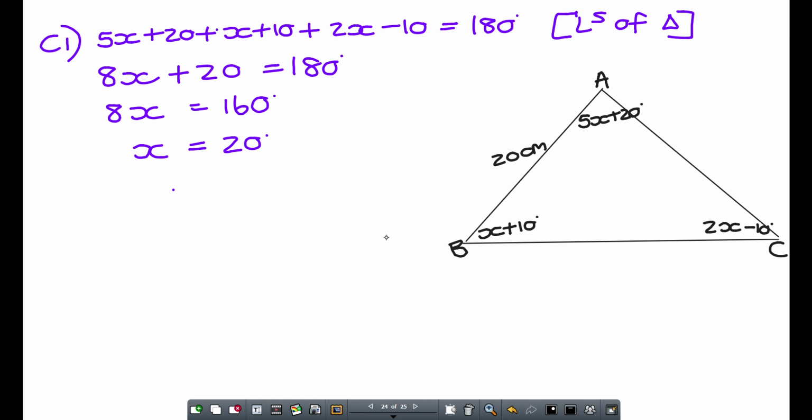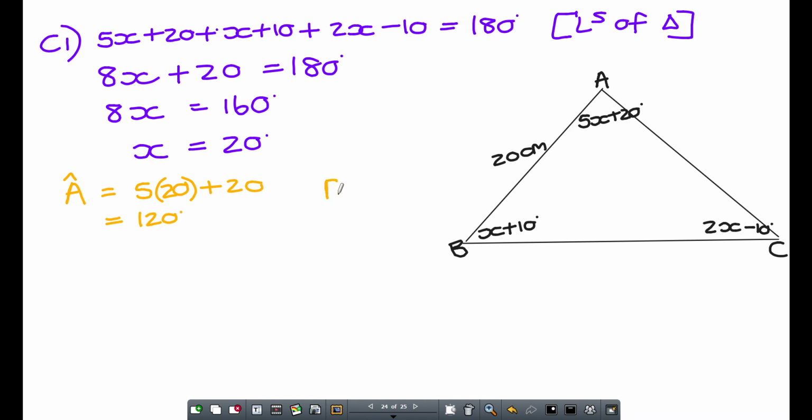But they're actually asking me to give the size of every angle. So angle A will then be 5 times 20 plus 20, which means that it's going to be 120 degrees. Do you guys agree?